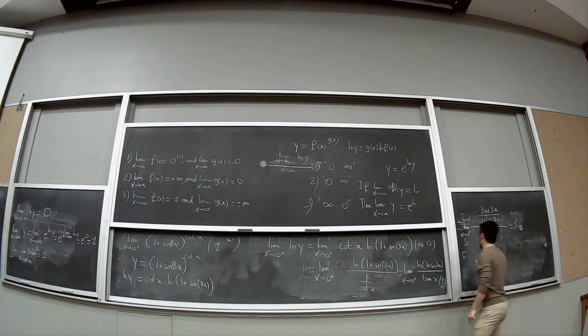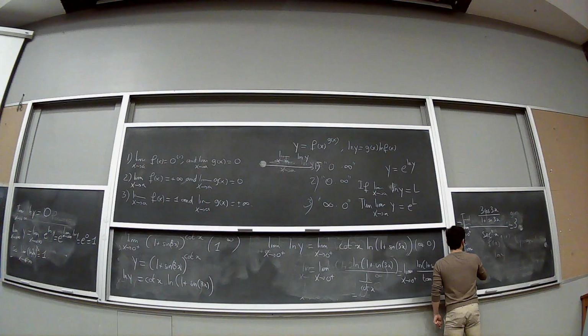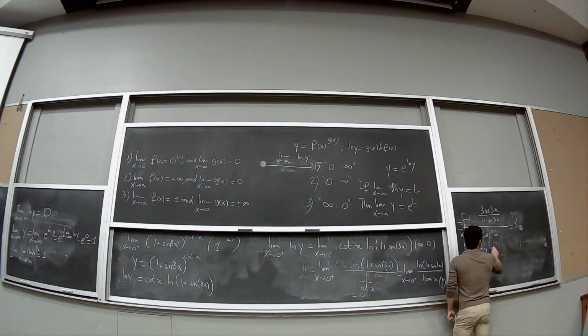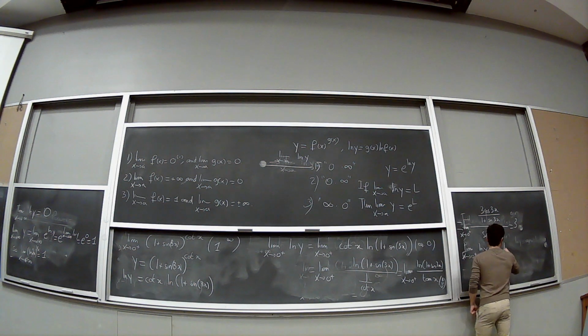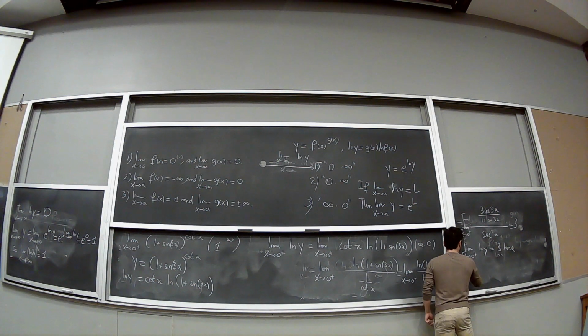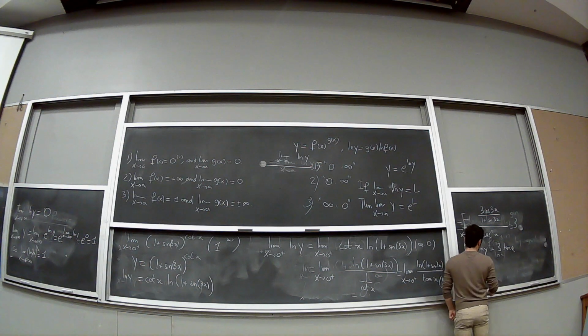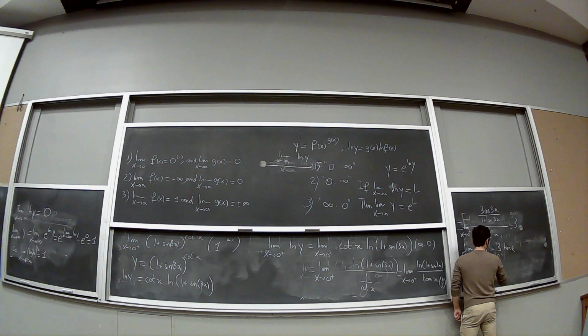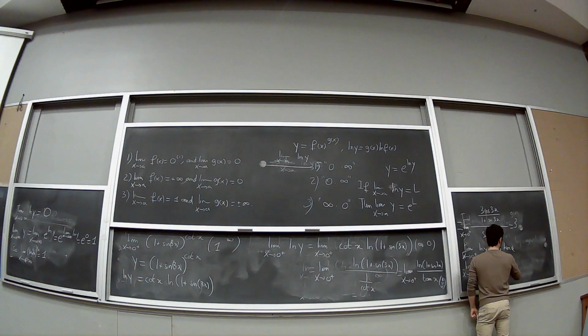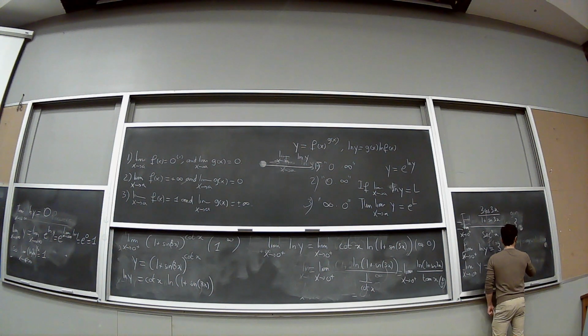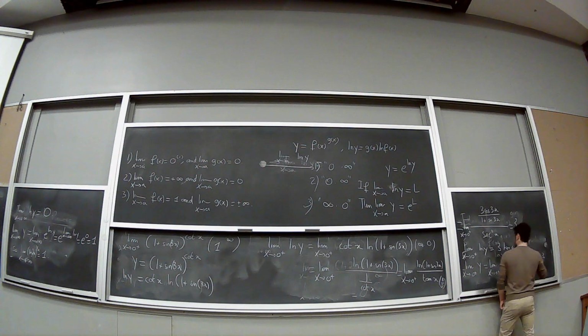Okay, so the limit of ln y is equal to 3. Hence, the limit as x goes to 0 plus of y is equal to the limit as x goes to 0 plus of e to the ln y, which is e to the 3.